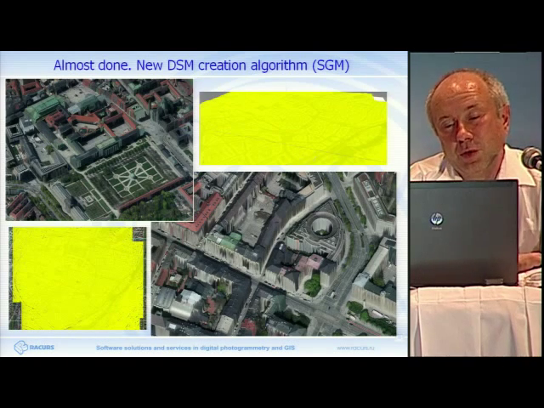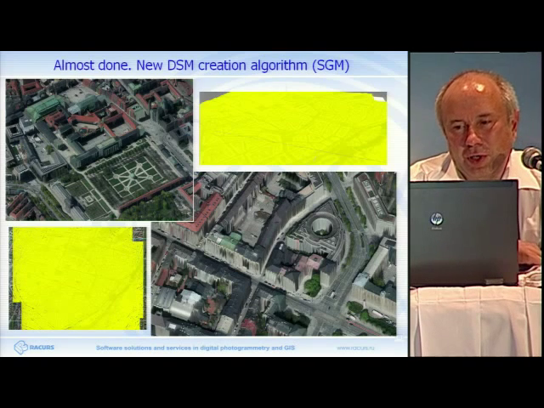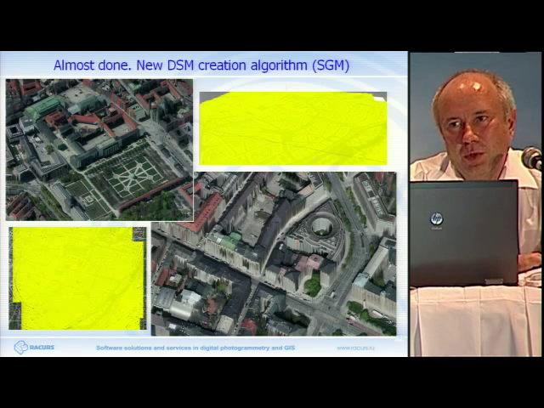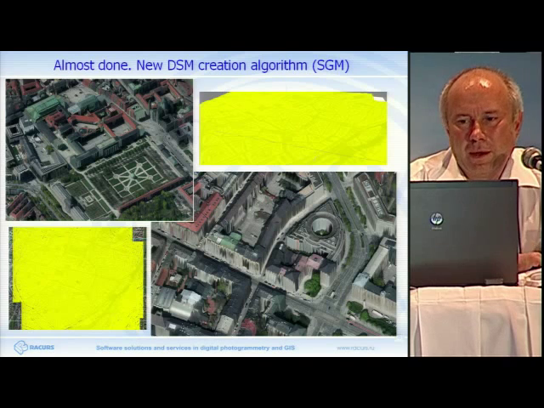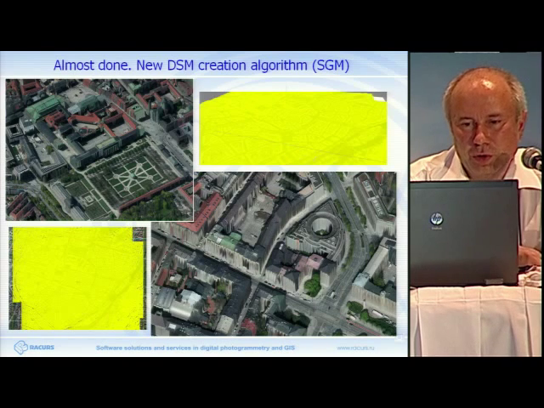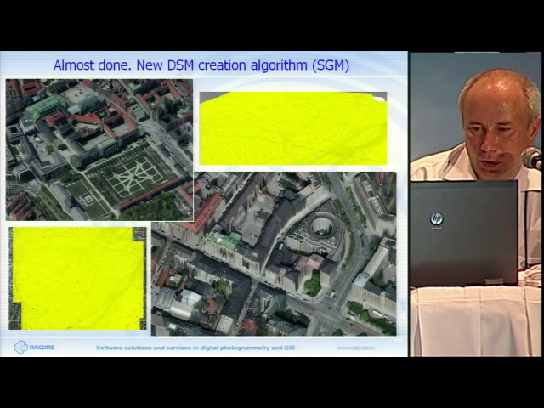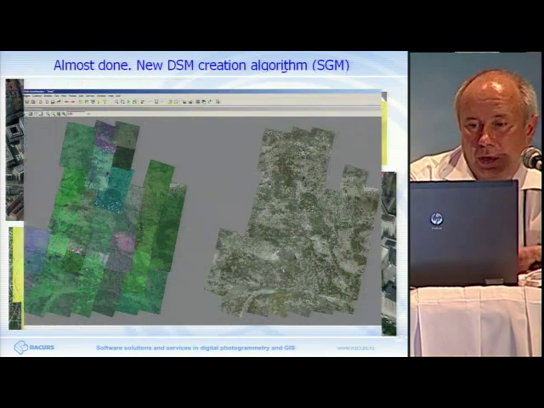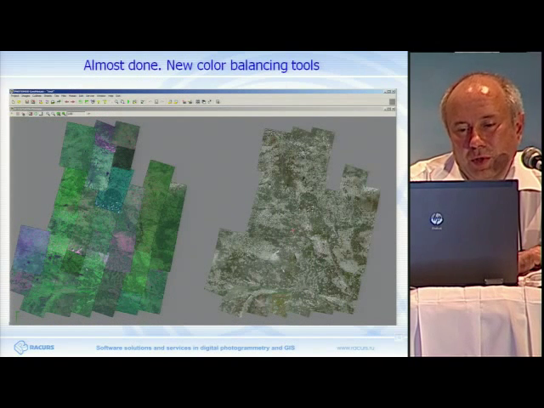A new DSM creation algorithm is almost done. We nearly implemented SGM, mentioned by Mr. Lemons. This is a very popular algorithm, and the early results are very inspiring, but there will be a separate presentation on that.